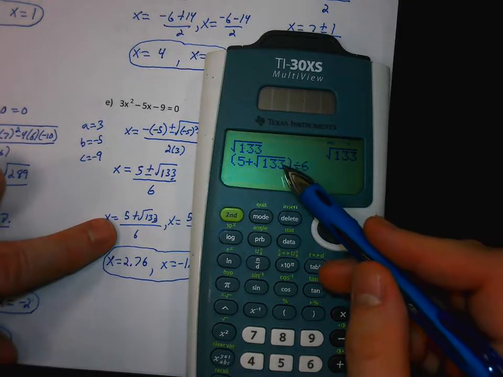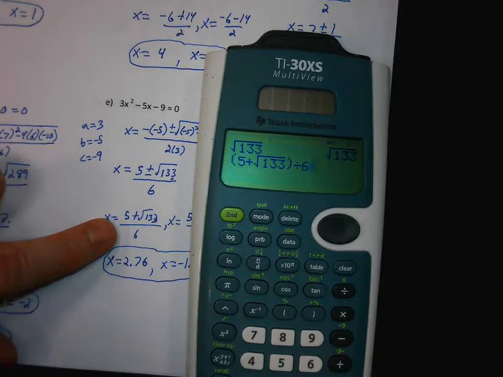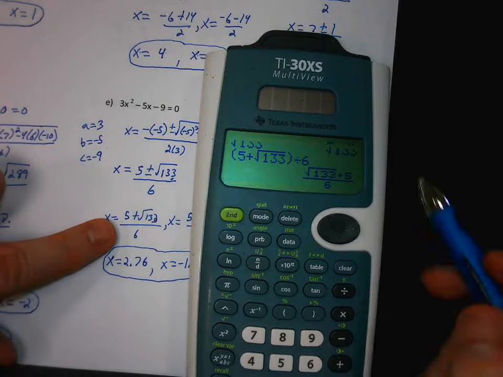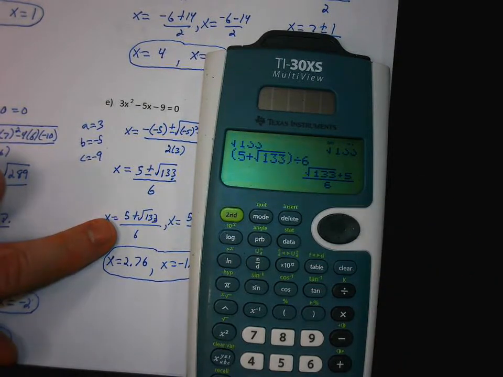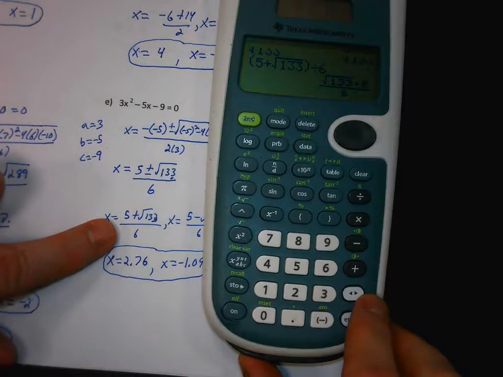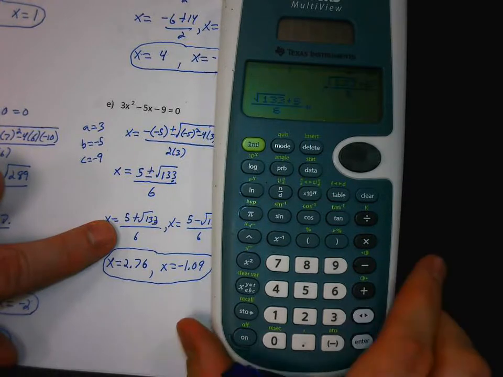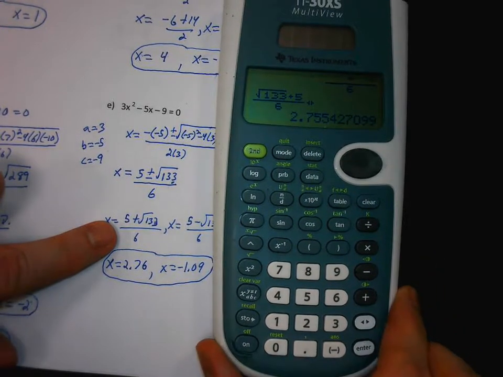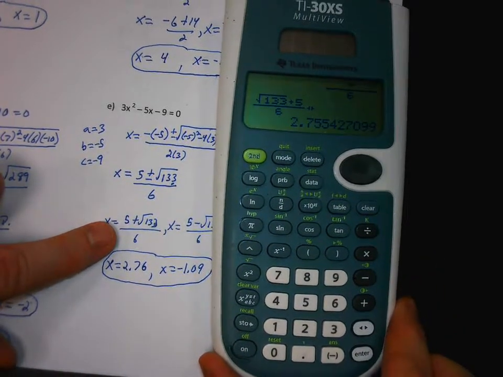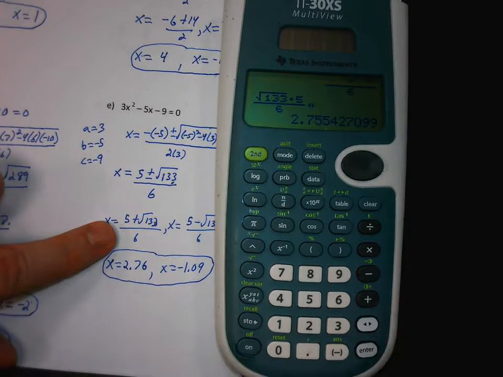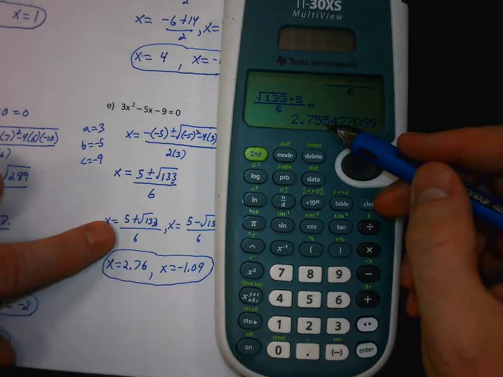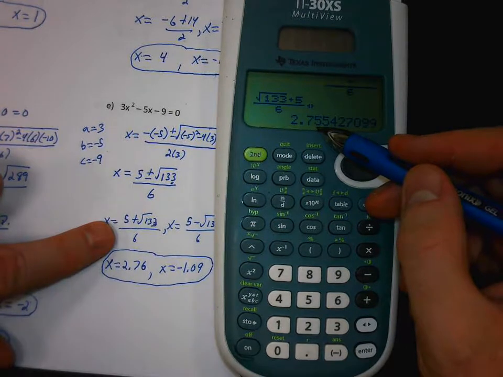You want to make sure that you're outside of the square root now. Now, that doesn't really help us much. But remember that arrow button at the bottom? If we press that, that'll give us 2.7554.